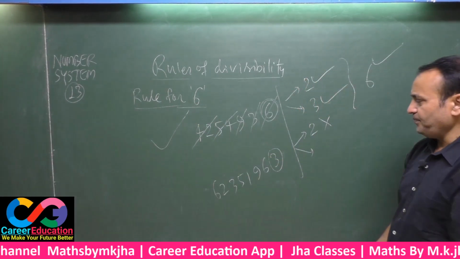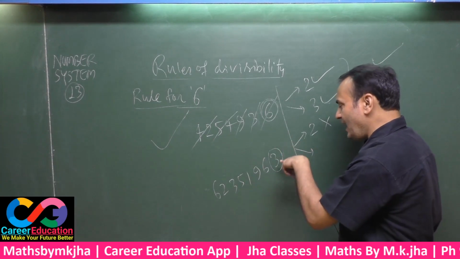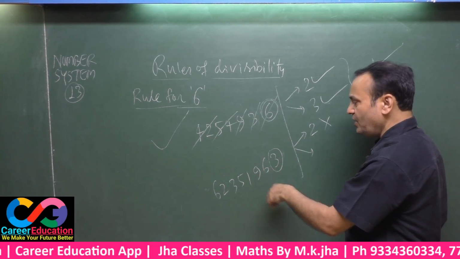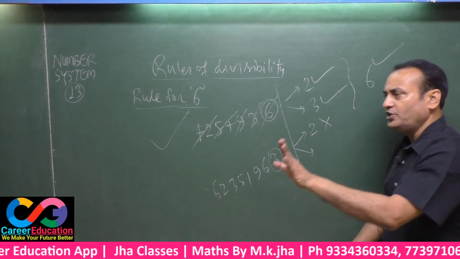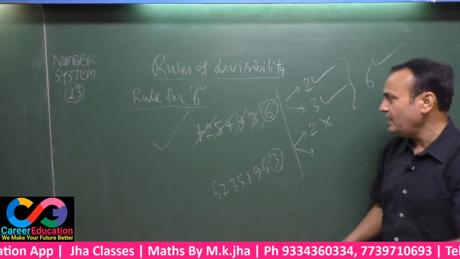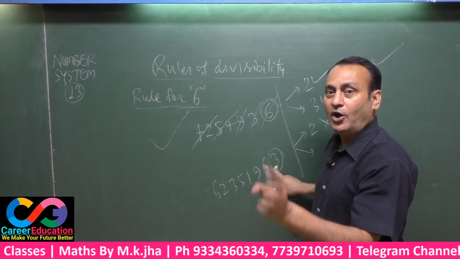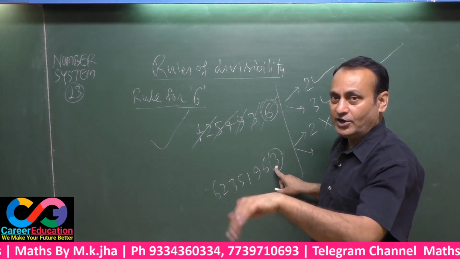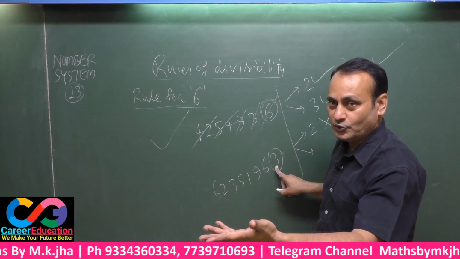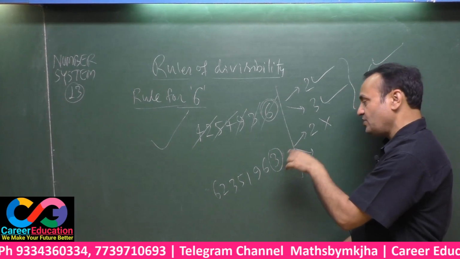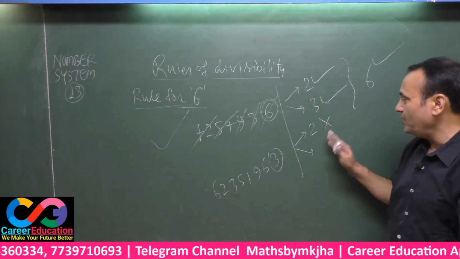You have to see here. By seeing the unit place, you can judge that this number is never divisible by 2. There should have been 0 or an even digit in order to be divisible by 2. Being an odd number here, you can say this number can't be divided by 2.